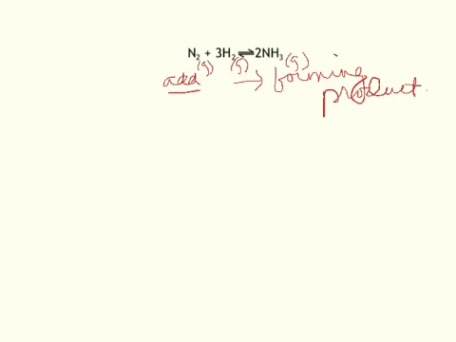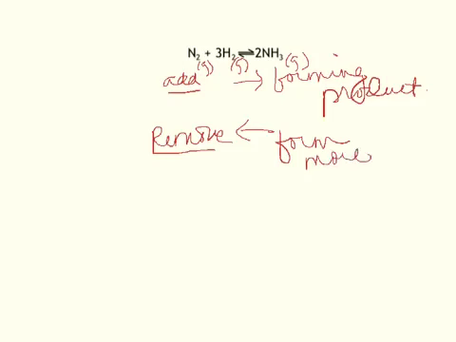If we were to remove that nitrogen gas, then equilibrium is going to want to shift in the direction to replace it. So by removing something that's on the reactant side, equilibrium is then going to shift to replace it. So we would say that equilibrium is going to shift to form more of the reactant.